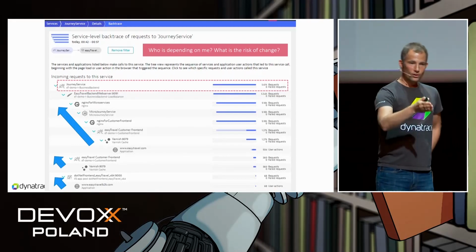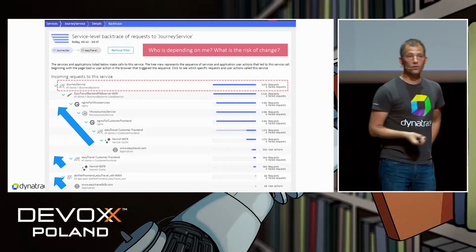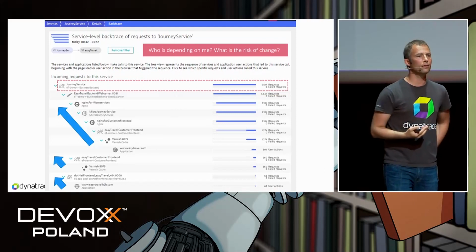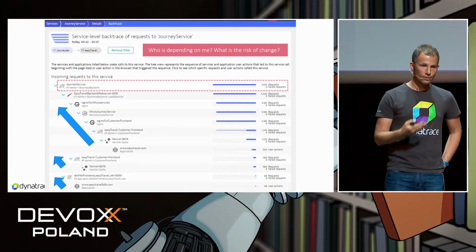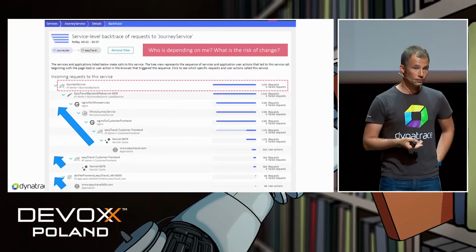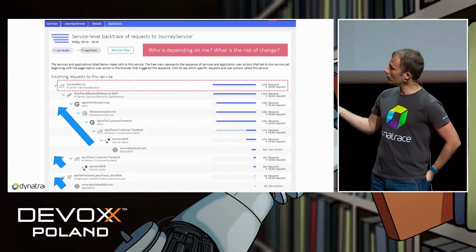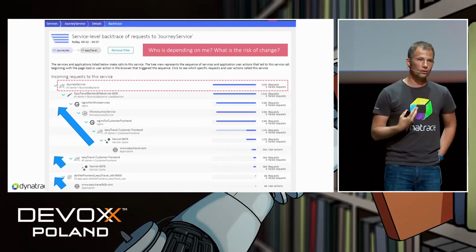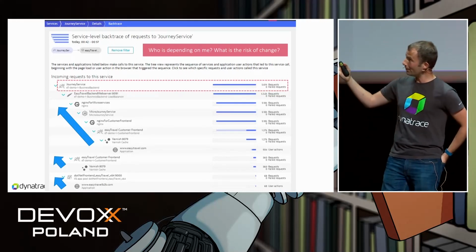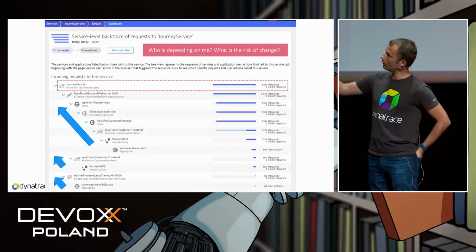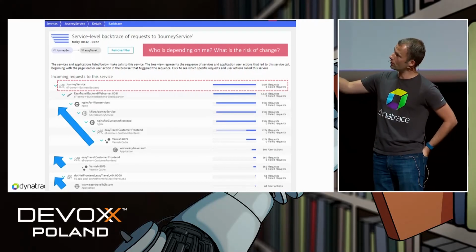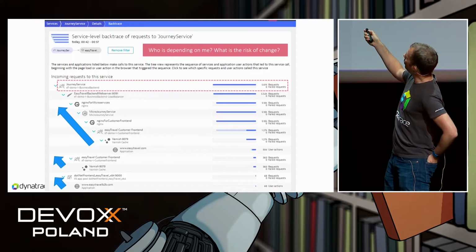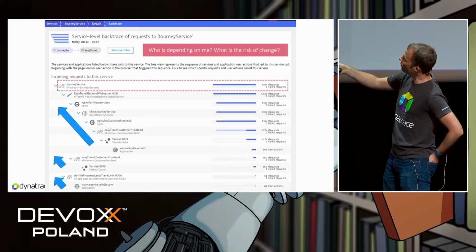If you are responsible for a service, you always want to ask yourself, who is actually depending on me? Who is using me? And I want to validate this in my test environment when I run my tests, but also maybe in a production environment. Therefore, use tools that can give you the full chain of events, the full stack trace. The reverse, we call this the back trace in our product. So you can focus on a service like the journey service, and you can see that there were 5,610 calls coming in, and you can see where these calls came in.